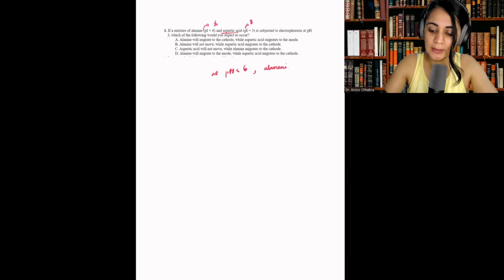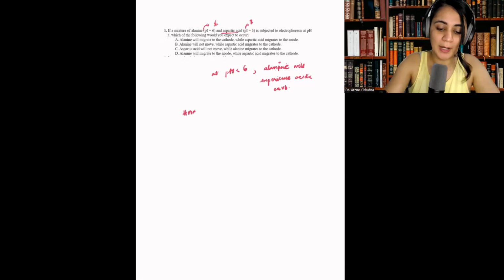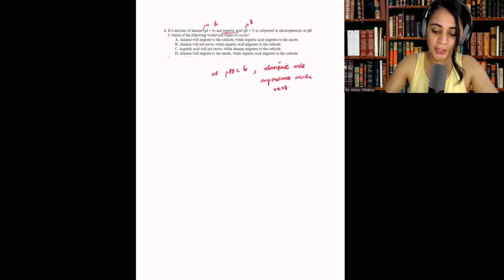And if it is an acidic environment, then it means that it is a protonated alanine, right? So what that really means is that alanine is going to have a positive charge on it.